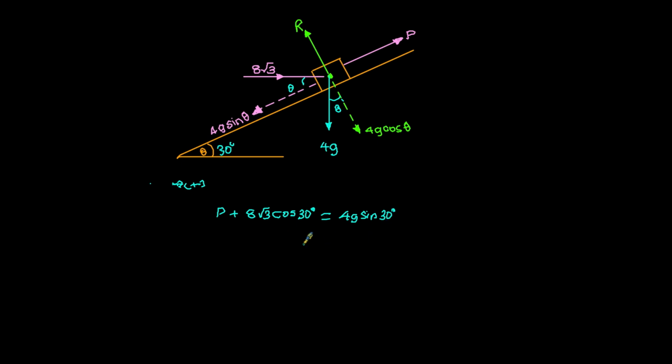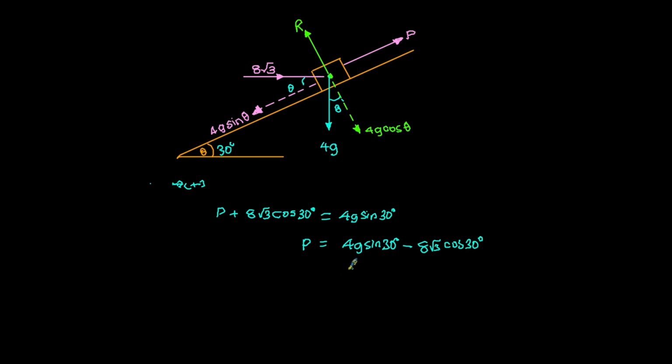So we can collect like terms where our P is equivalent to 4g sine 30 degrees minus 8 root 3 cos 30 degrees.